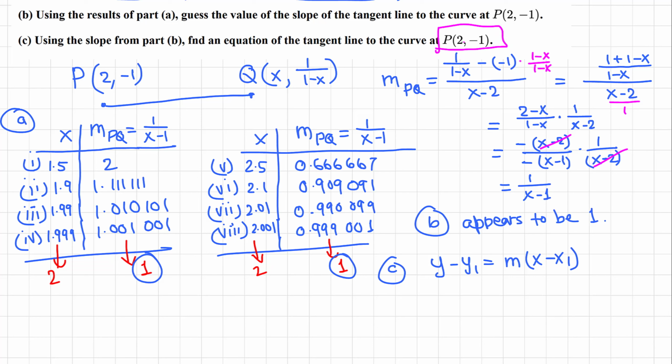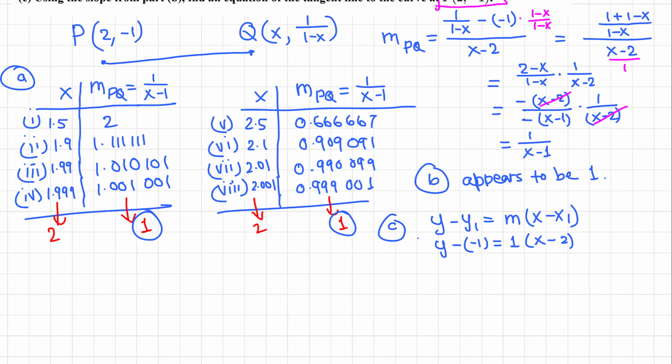So this point is (x1, y1). So y minus -1 equals the slope, which is 1, times x minus 2. We're going to put this in y equals mx plus b. So this is y plus 1, distribute 1 times x minus 2, subtract 1 from both sides. Okay, that's the final answer.